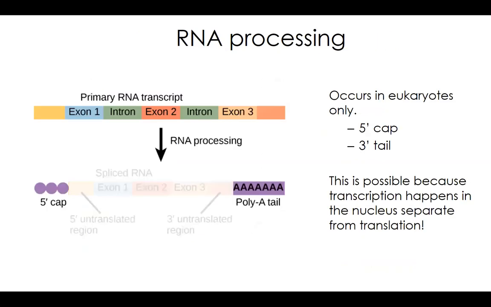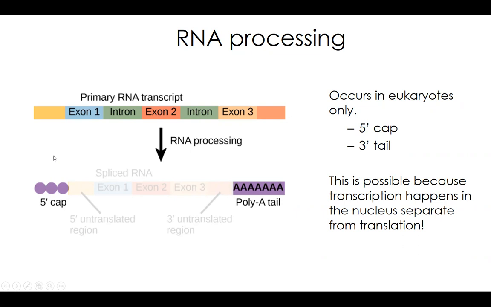So again, only in eukaryotic cells do we have RNA processing. There are three things total that we're going to be looking at, though only two are shown here. The first is what we call a 5' cap, so called because it goes onto our 5' region.